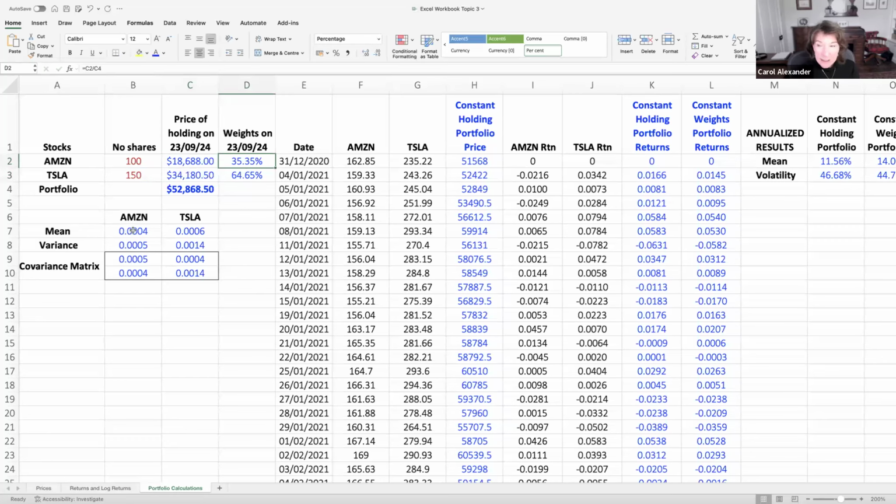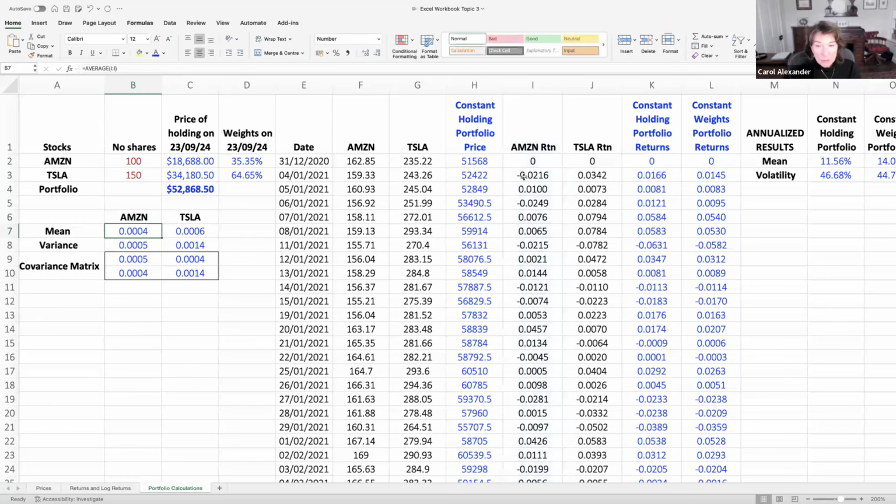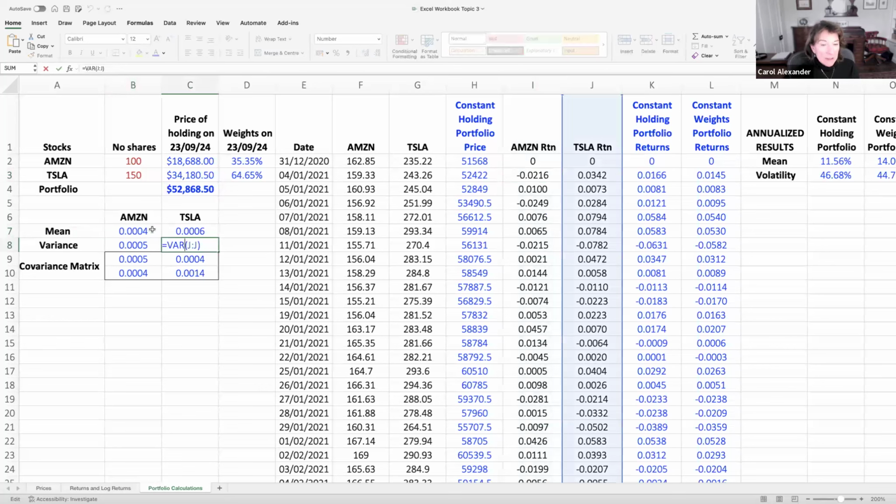Now, these statistical quantities: the mean, which is just the average of the Amazon returns. Remember, we use ordinary returns, not log returns, because that formula, that the expected return on the portfolio is the sum of the expected returns on the assets, only applies to ordinary returns, not log returns. So here we've got the ordinary returns for Amazon and Tesla, and we've got the variance of these returns.